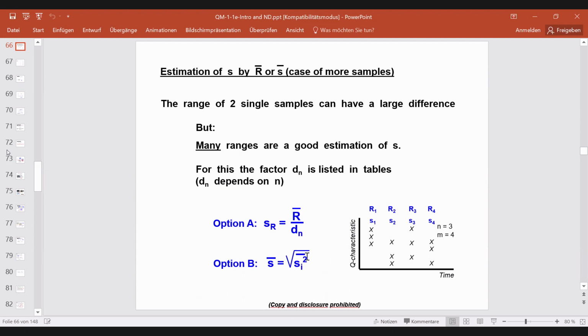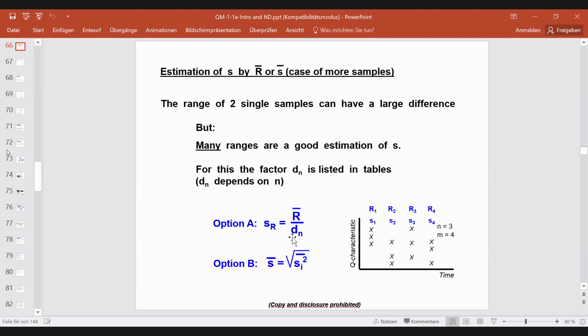So it is the mean of the 4 standard deviations. This is option B, and then you have a mean value for the standard deviation of the whole quality chart. You see here.